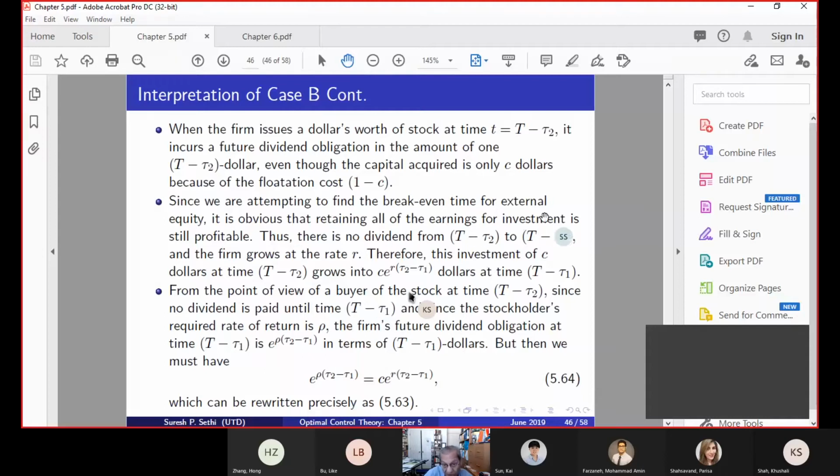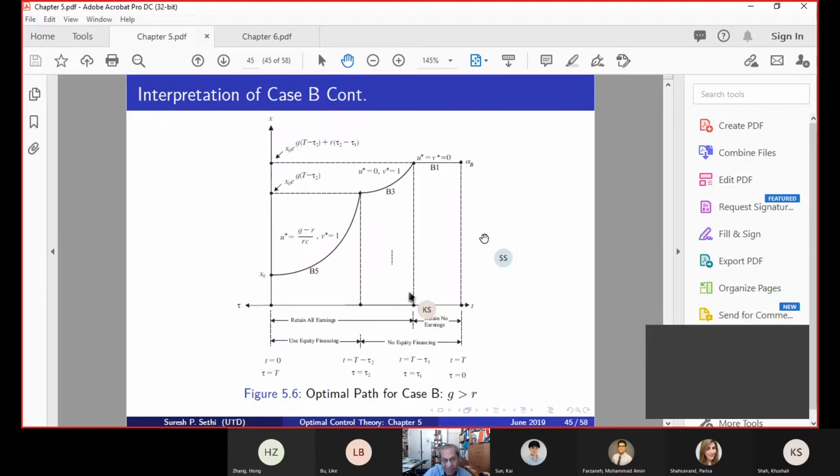So retaining all the earnings is still profitable. And because I retain all the earnings, there is no dividend from T minus tau to T minus tau 1. That means that if I retain all the earnings, which is V star equal to 1, because remember, I'm not using control theory right now, I'm using an argument in finance, I will not get any dividend up to here.